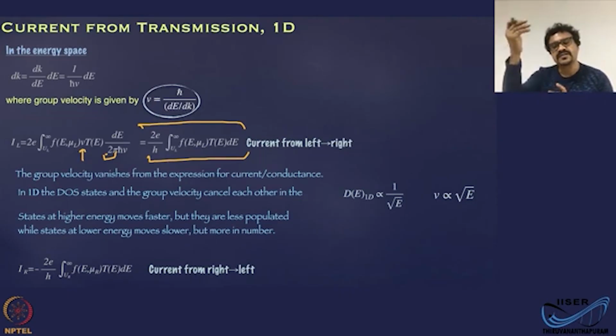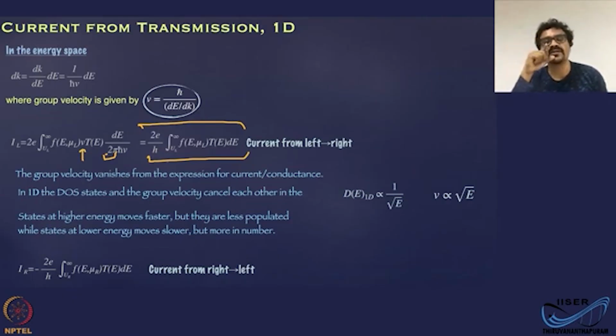We have more states but less velocity, or higher velocity states but fewer in number. These two terms effectively cancel each other, so the eventual expression for current will not have a velocity dependence or a density of states dependence. All the states contribute a similar, same current. That is what we are seeing.